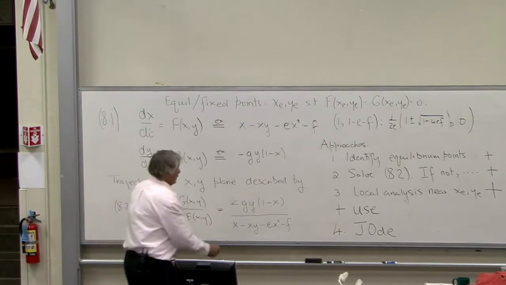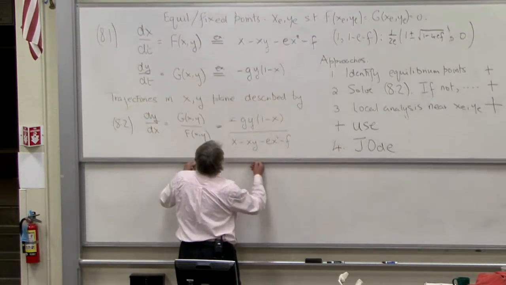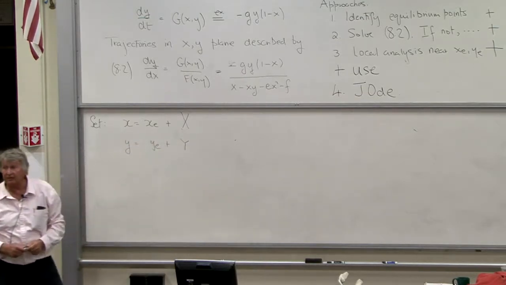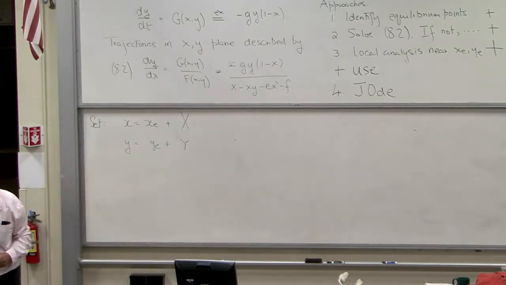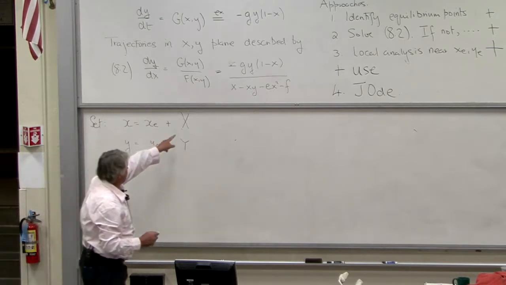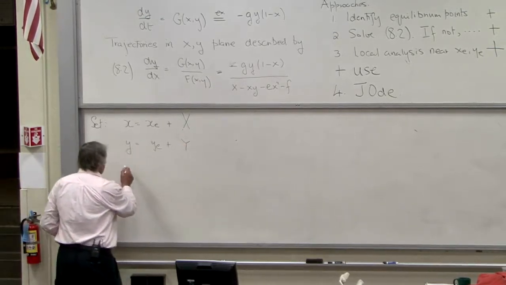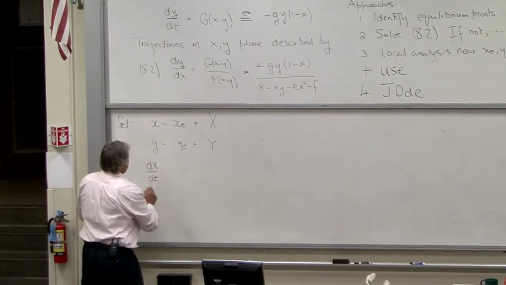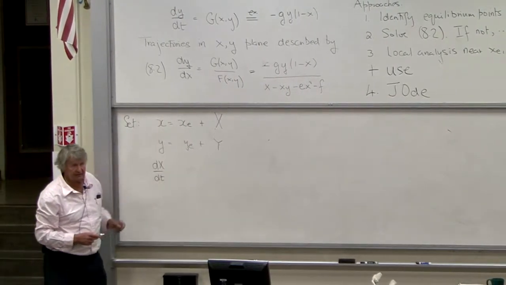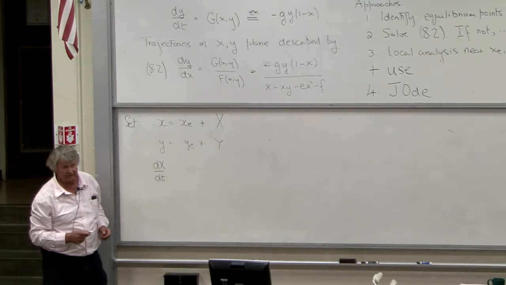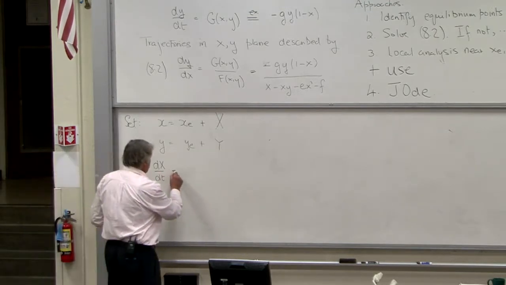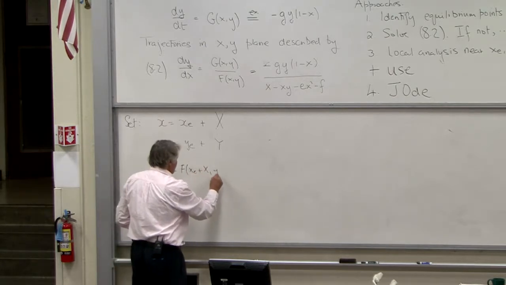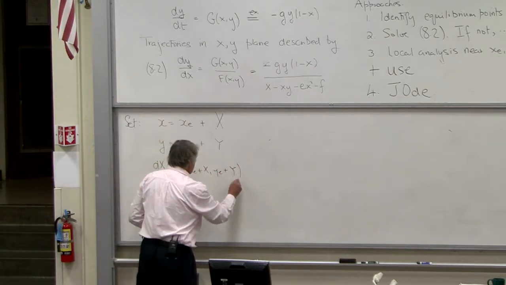So now we're going to examine the nature of the behavior of the solution near the fixed point. I'm going to write equations for this. This is dX by dt, because d xe by dt, xe being constant, is 0. So this is just f of xe plus capital X, ye plus capital Y.